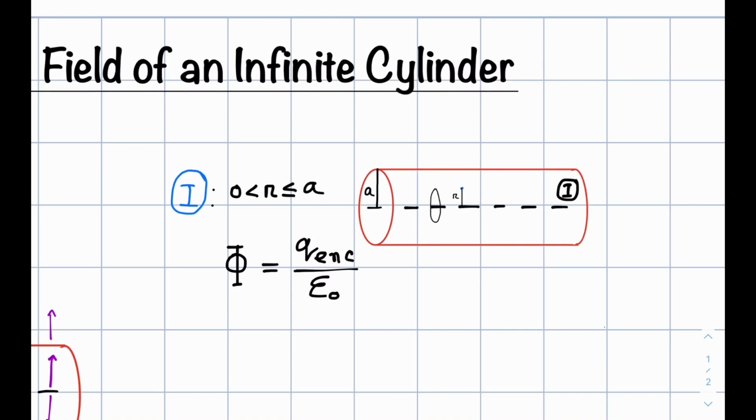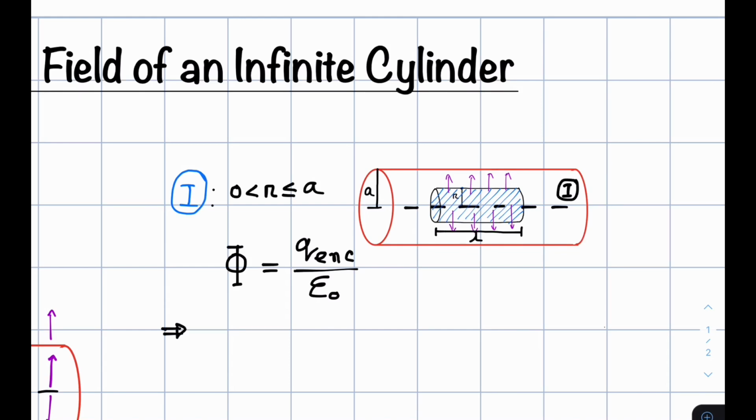Now let us consider a cylindrical closed surface here like this, whose radius is r. The shaded region here is solid and contains charge. Let's take the length of the cylinder to be L. Now the electric field through this enclosed cylindrical surface will be like this.